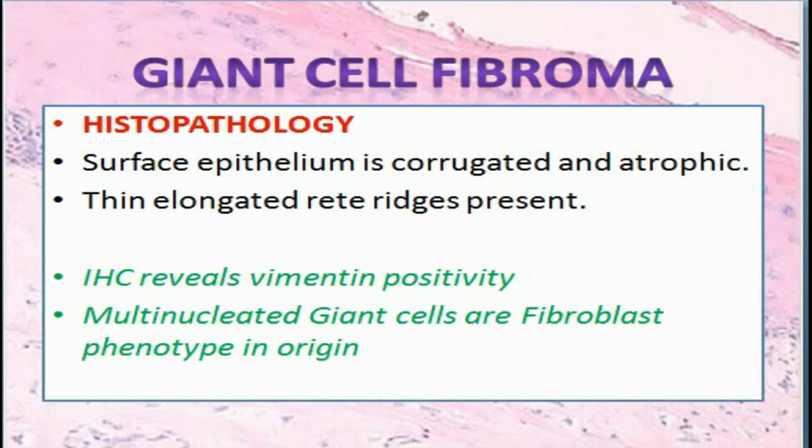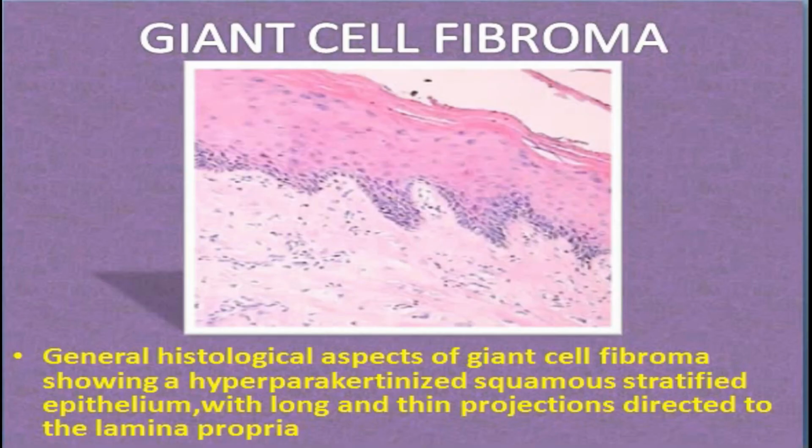Immunohistochemistry reveals vimentin positivity. That means these multinucleated giant cells are fibroblast phenotype in origin. This is a picture showing the above mentioned features.